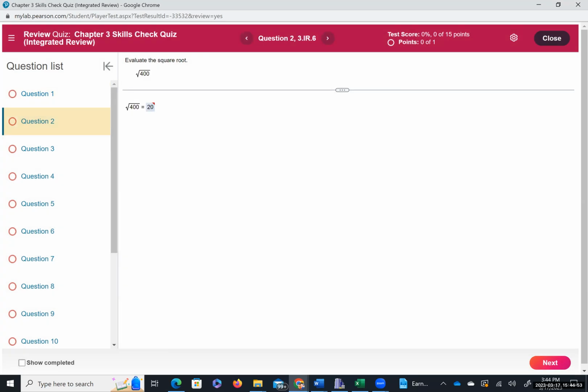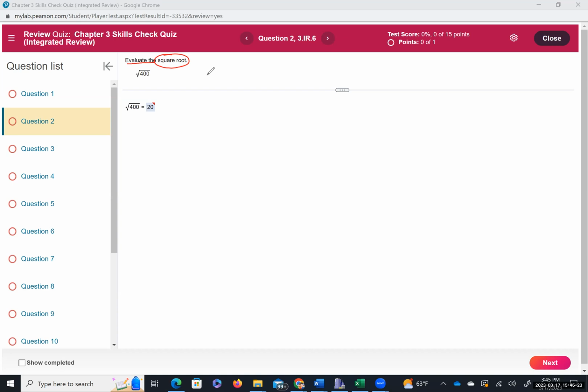All right, so for this one, they want us to evaluate the square root. For a square root, you can use a calculator to handle this. You can also know that in algebra, square root is the inverse of the square.